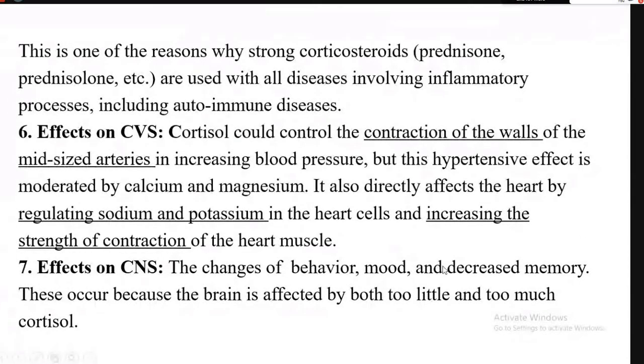These occur because the brain is affected by both too little and too much cortisol. These are recent findings.